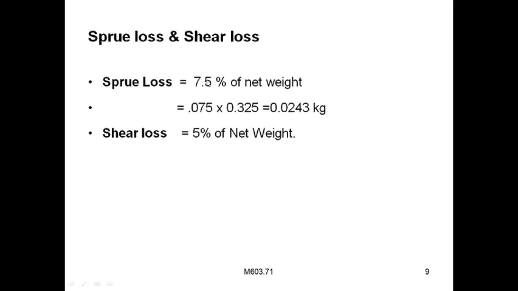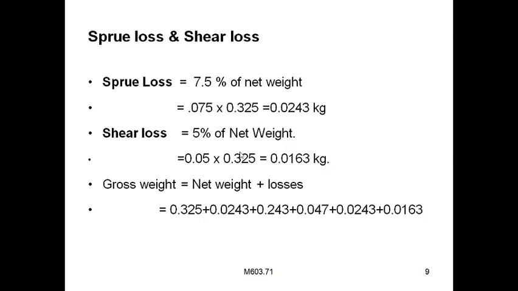It is better to remember 7.5, 7.5. You calculate this weight, then you take the shear losses, which is 5%, as in the previous problem. Then you calculate the gross weight here.